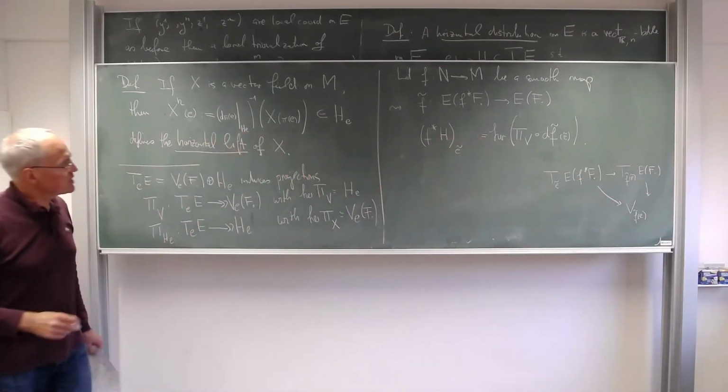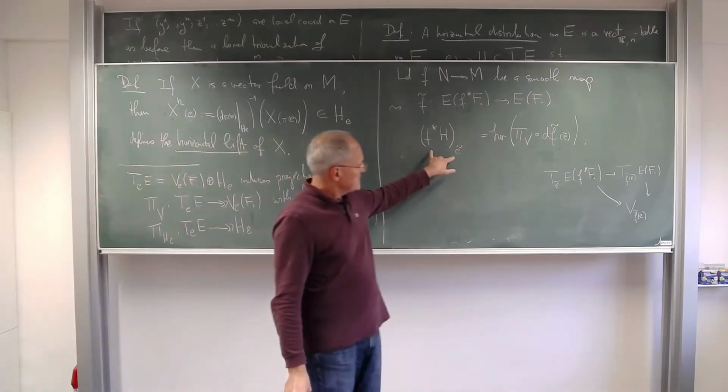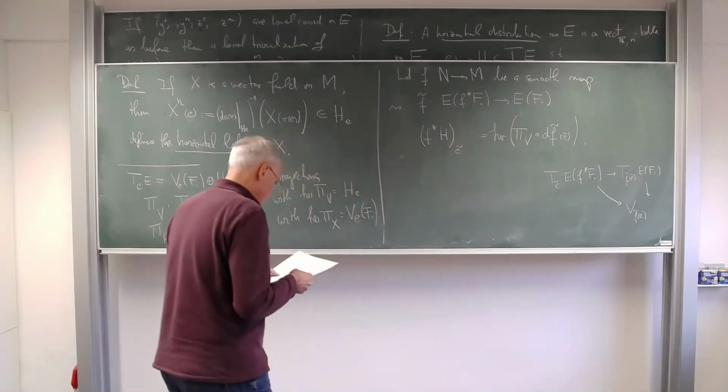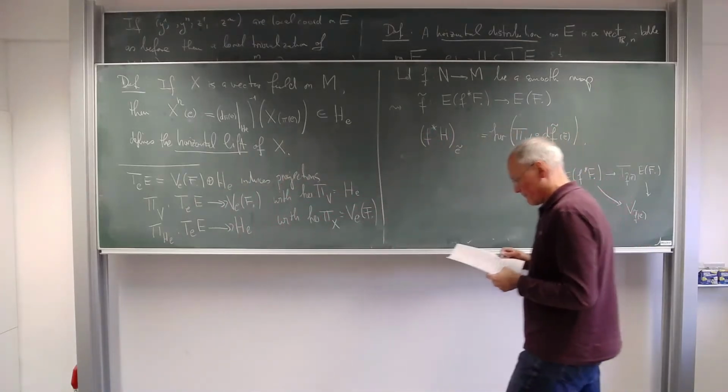So what would I have to check? Well, I would have to check that these spaces that I've written down form complements for the vertical bundle of the pullback bundle. Right? That's what I have to check. So let's first check that the sum is direct.